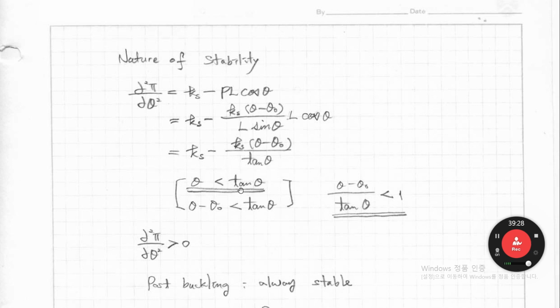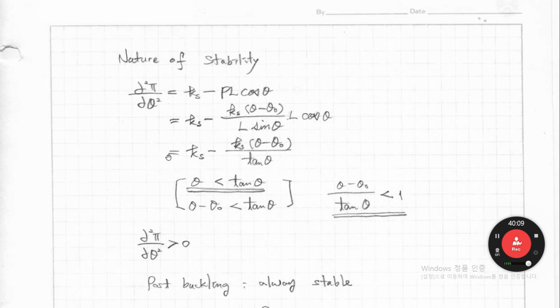tangent theta is always greater than theta. Then if on one side you take the minus theta 0, that means even tangent theta is greater than this value. So if you move it downward like that, then you can get theta minus theta 0 over tangent theta less than 1. Now from here, this term is what? Less than 1.